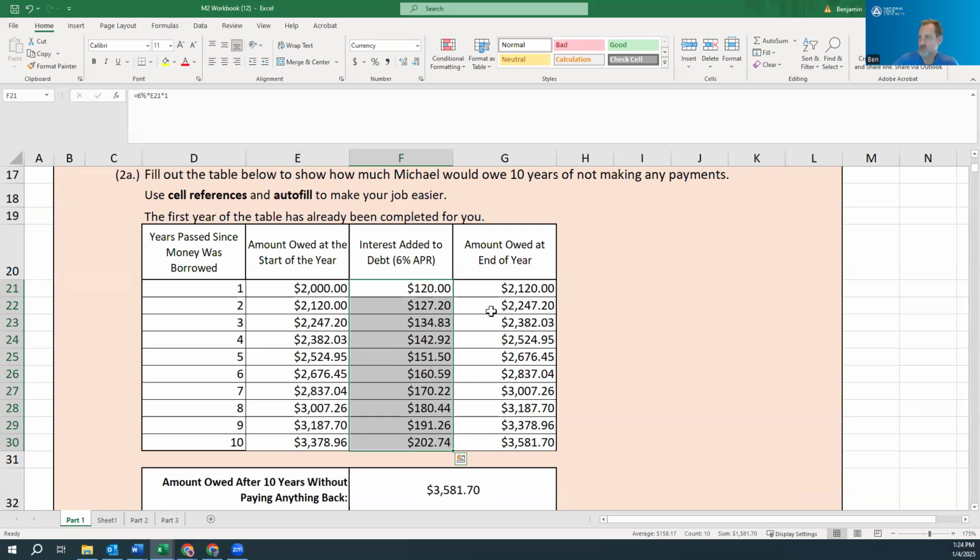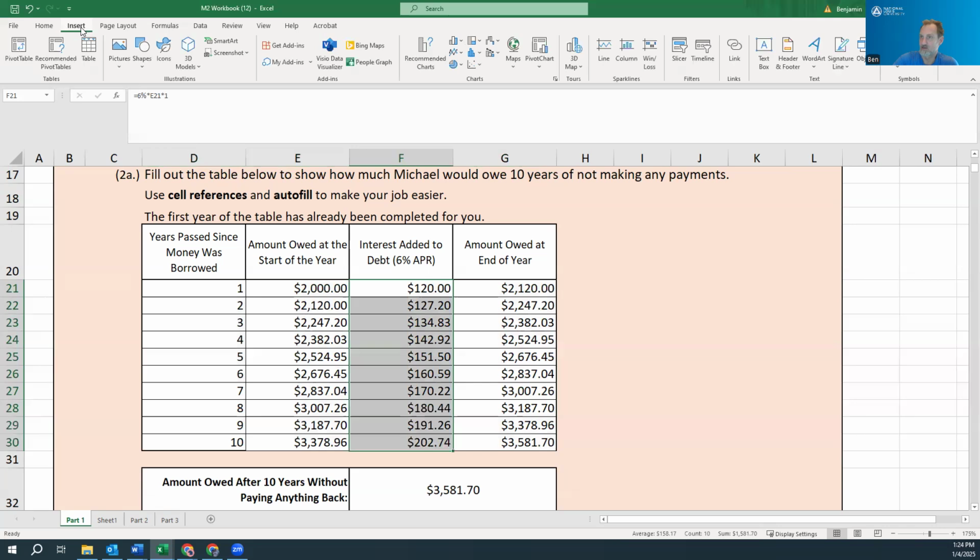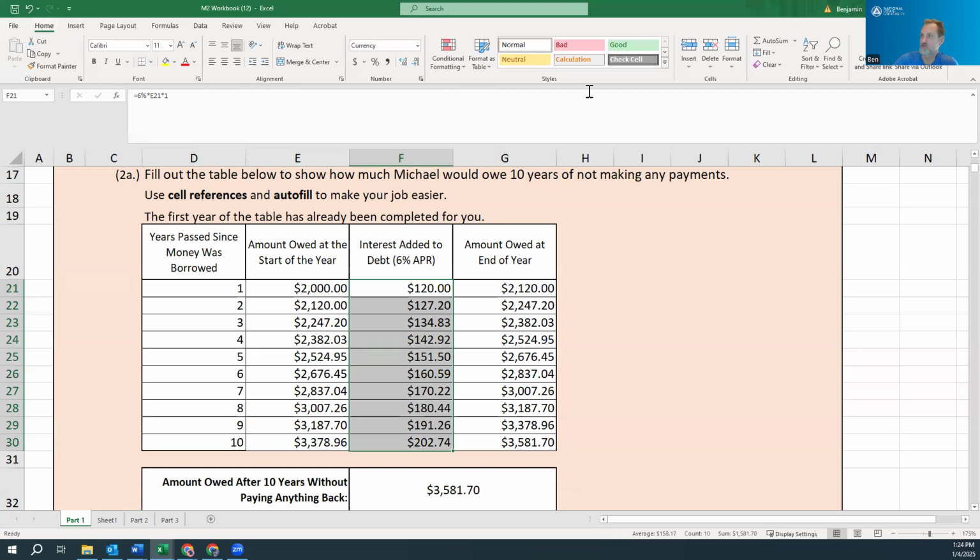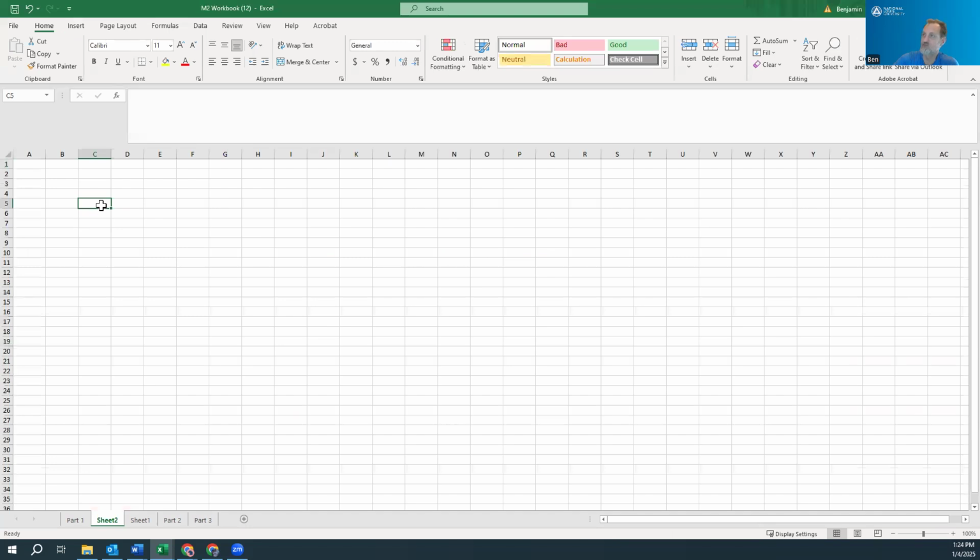And it will continue to increase. In fact, compound interest has been called the most powerful force in the universe because of this increasing factor. So for instance, let's do a quick table just so I can show you a visual of this.